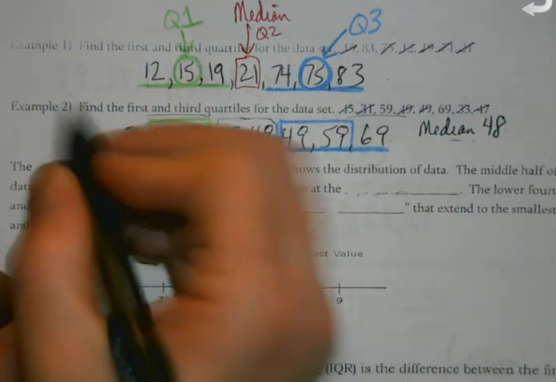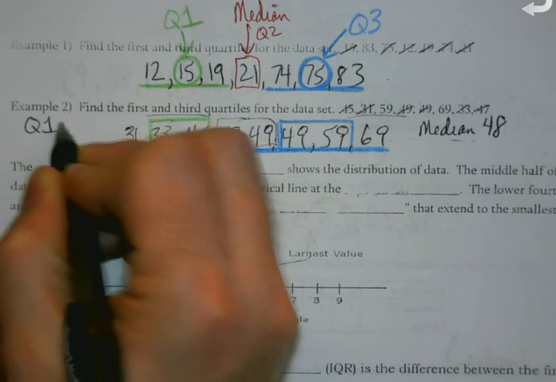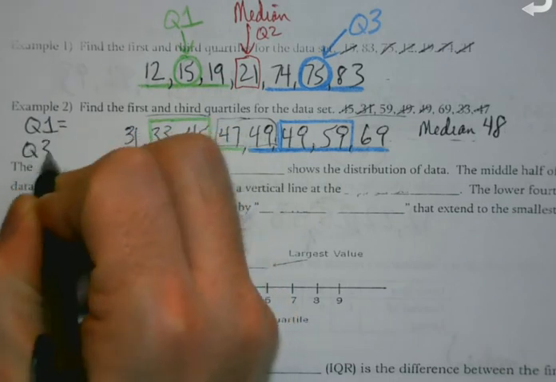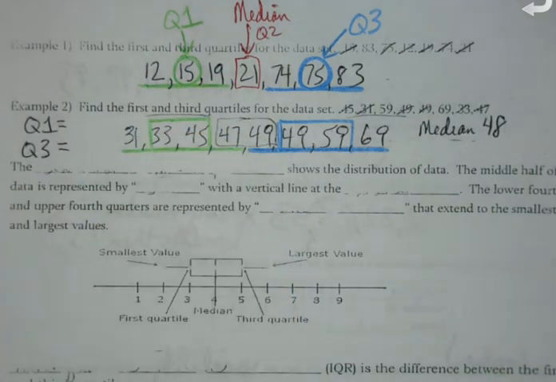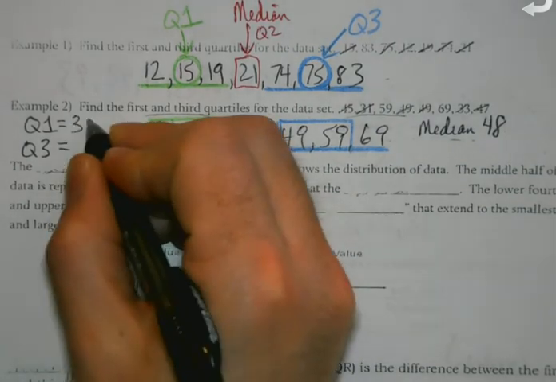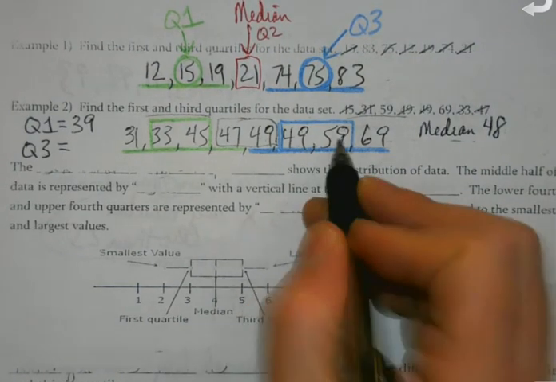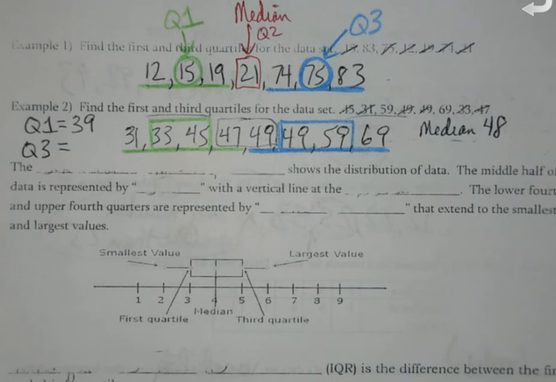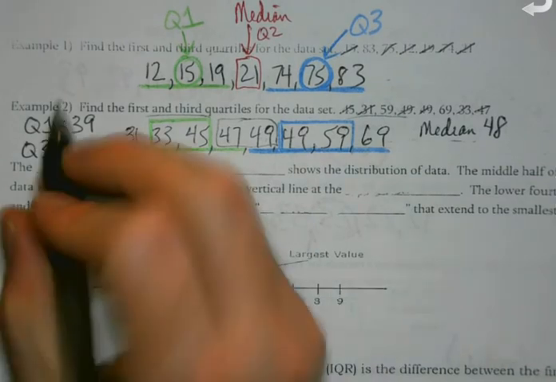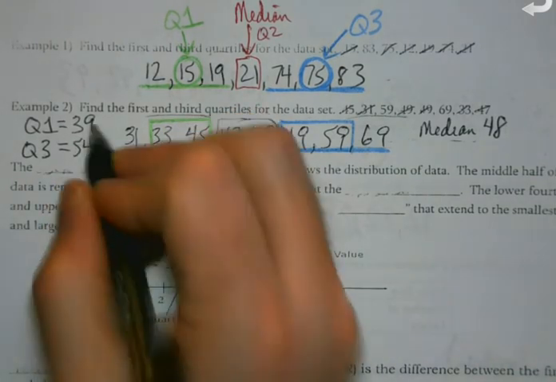So if that's true, if I add up the 2 numbers boxed in green and divide by 2, I get 39, so that would be my first quartile. What if I add up the 2 in my blue box? 54.